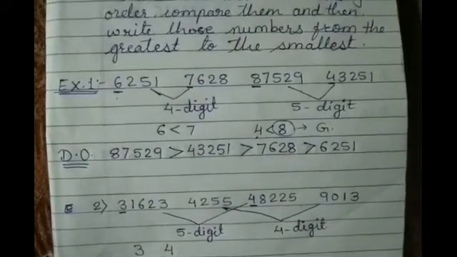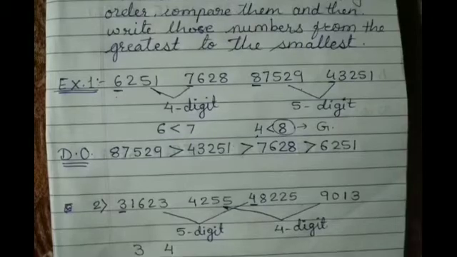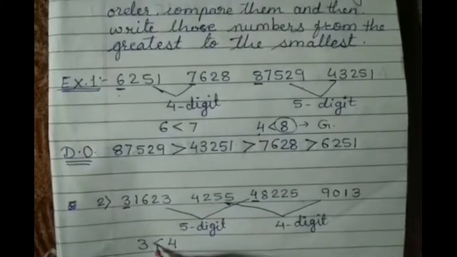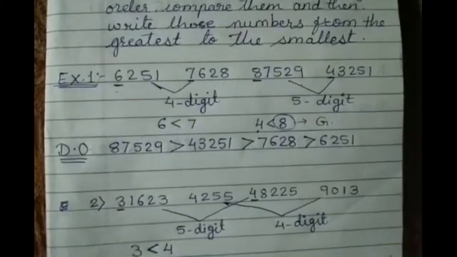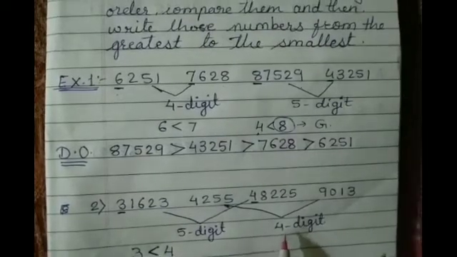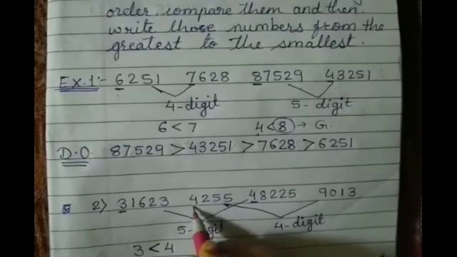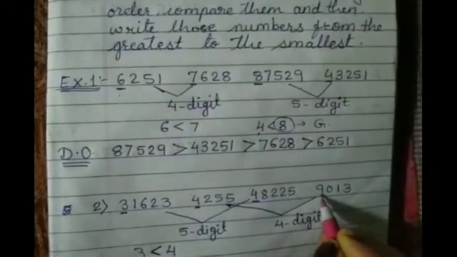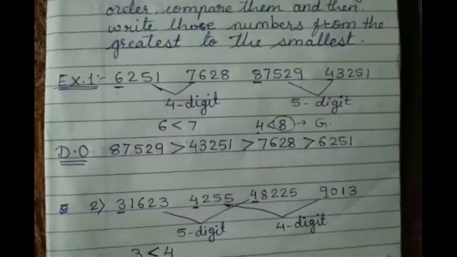So 4 is the greatest among these two, right? Next, in case of 4-digit numbers, we'll compare first the 1,000s places.